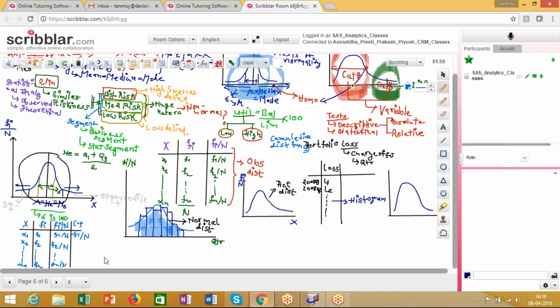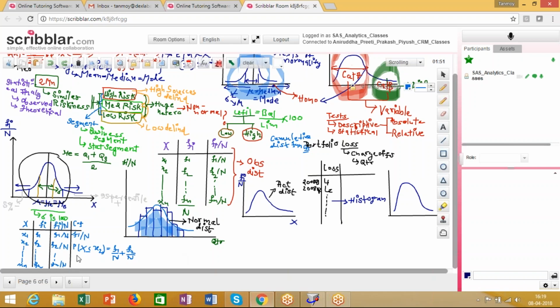The next part tells me the probability that the variable x takes a value less than or equal to x2, which is f1 by n plus f2 by n, right?